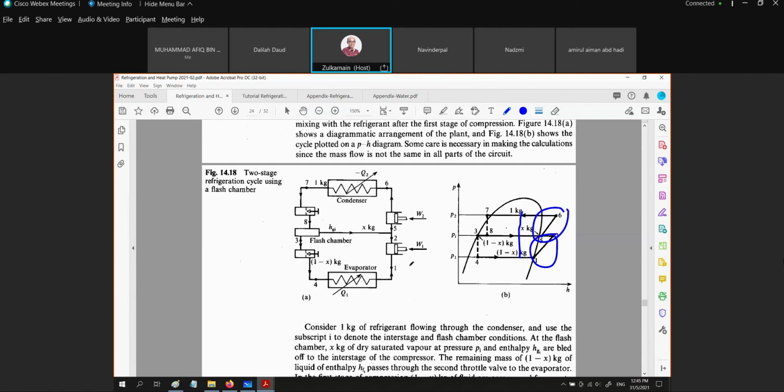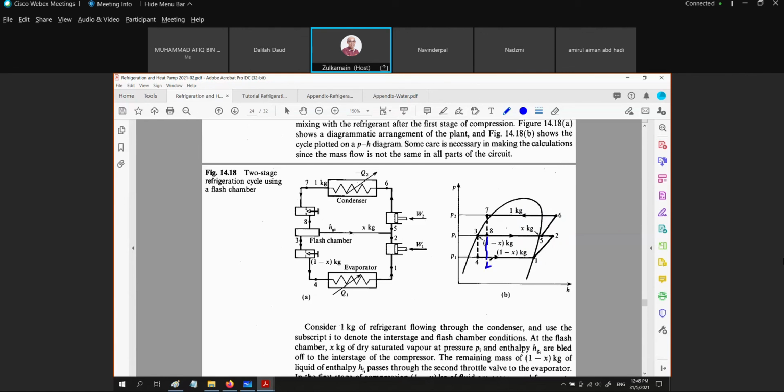The most important thing you want to look at right here is to increase the cooling effect. If we don't separate these two phases after the expansion process at the throttle valve, this is what we're going to have.